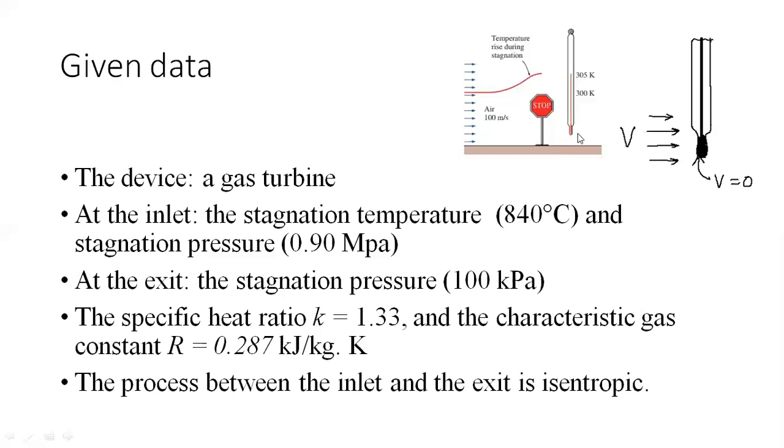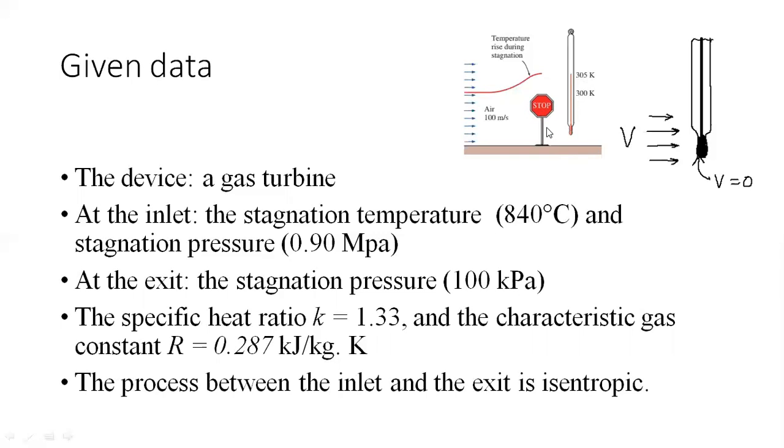Therefore, whatever temperature and pressure are recorded will not be the actual value. It is showing here that when the flow is stopped by the thermometer, the temperature increases. So the actual temperature, say 300 Kelvin, will be increased to 305 Kelvin by the obstruction created by the thermometer. Therefore, the value recorded by the thermometer is not the actual value of temperature.